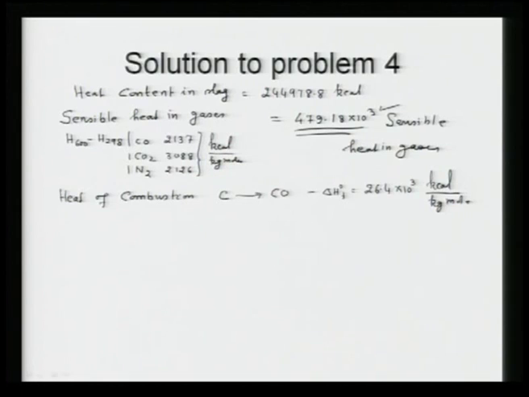So, it is straightforward, we can calculate now delta H naught F CO, that will be minus 2081.2 into 10 to the power 3 kilocalorie, and mind you, this is the exothermic reaction. Now, straightforward, you have to multiply by the kg mole of carbon, nothing very great here.